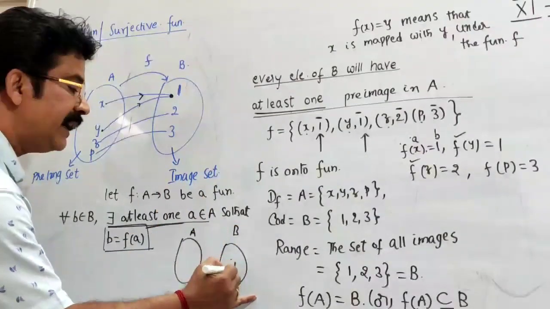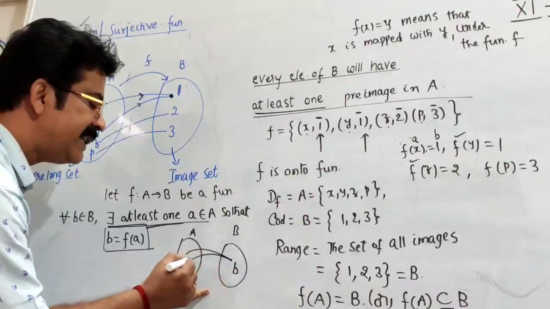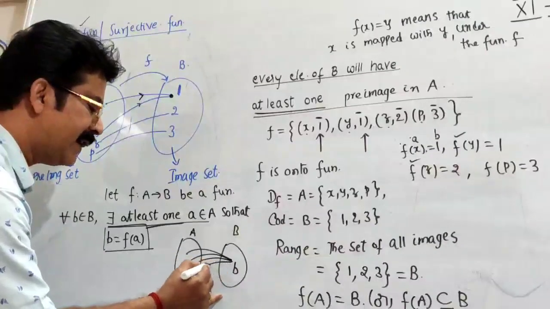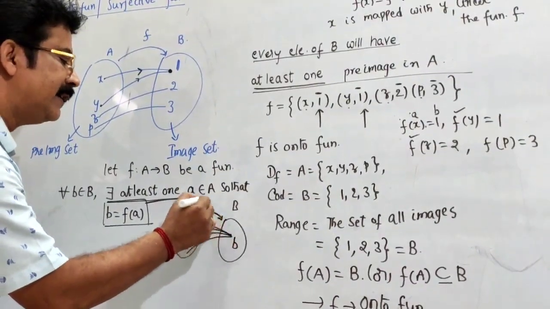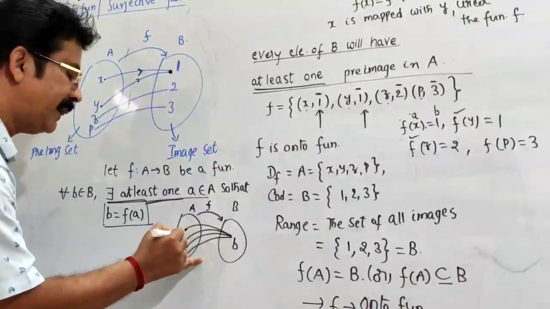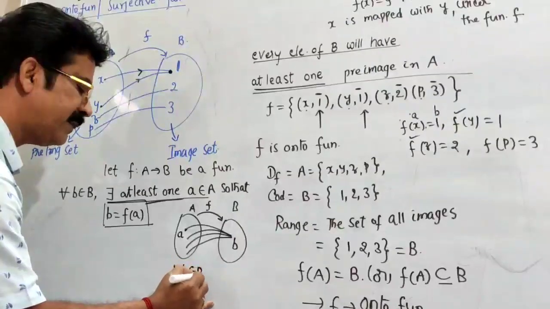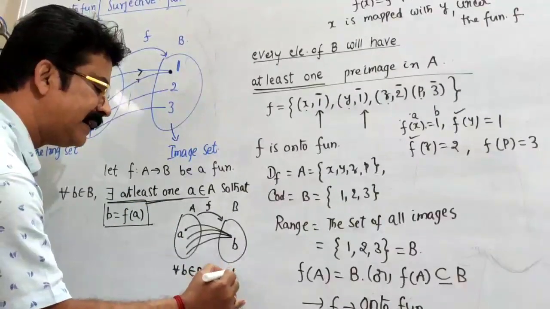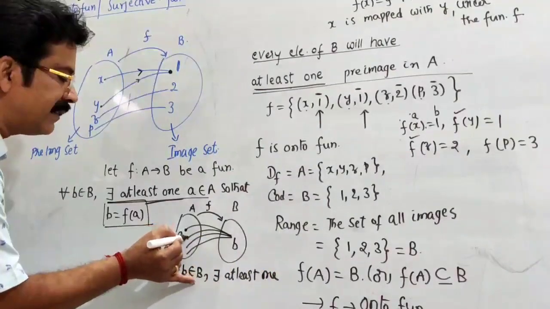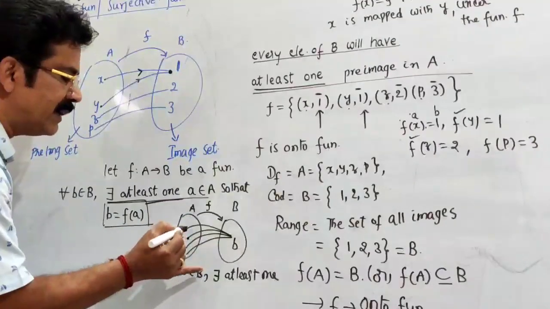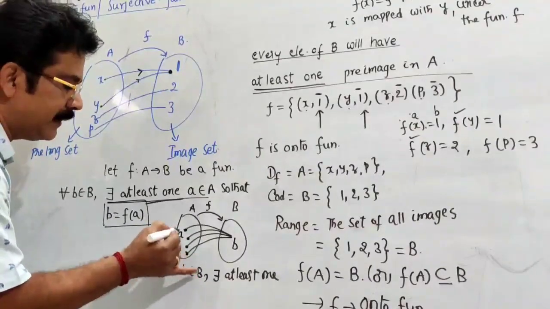If B is there, definitely B will have at least one pre-image, so that, for example, it is A. So therefore, for all B belongs to capital B, there exists at least one such A. Means either this or all, this one or both, or this one or three or all.